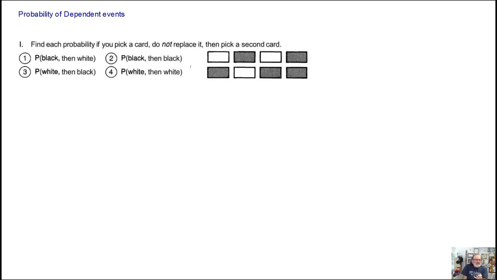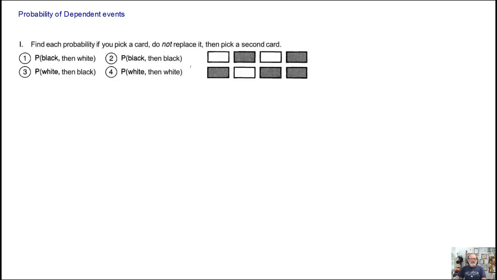So next we're going to look at the probability of dependent events. Now recall that an event is dependent if its probability is affected by something that happened before. So let's look at this scenario. It says find each probability if you pick a card and do not replace it with a second card.